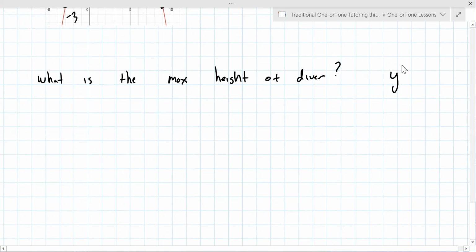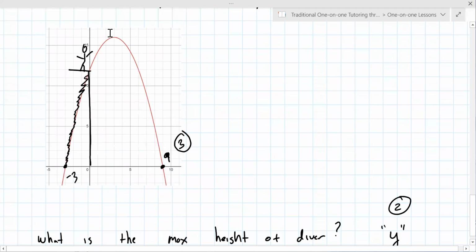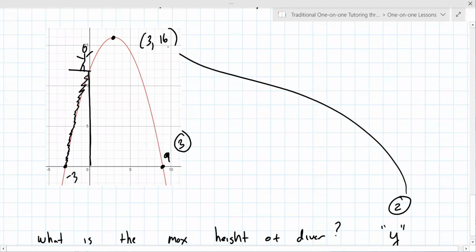And I'm looking for the y value of the vertex here. I'm looking for number 2. I'm looking for that y value of the vertex, because that's where this point is right here. It's literally at 16, but it's that value right there that it's looking for.